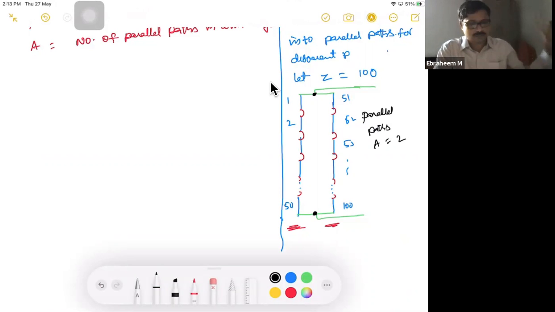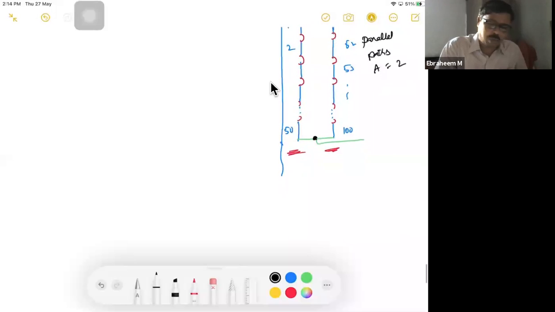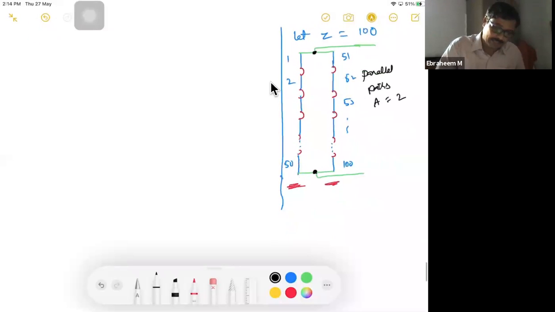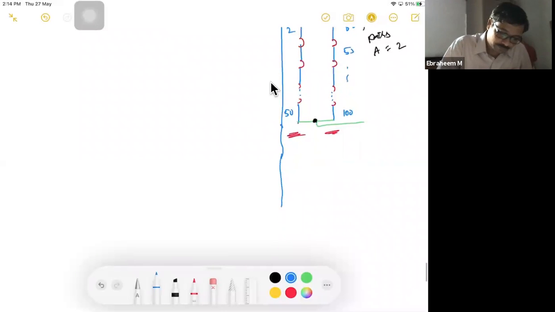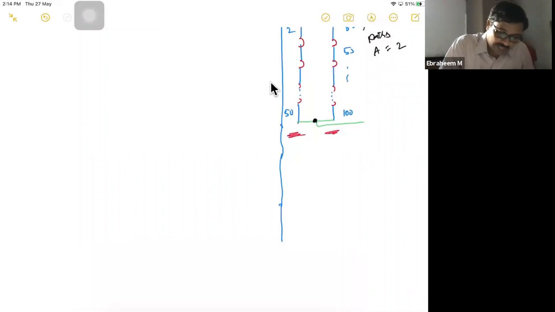I don't want to have just two parallel paths, but I can connect like this also. How I can connect: 1, 2, up to 25. Next, this is 26, up to 50. Like that, I can have 75.